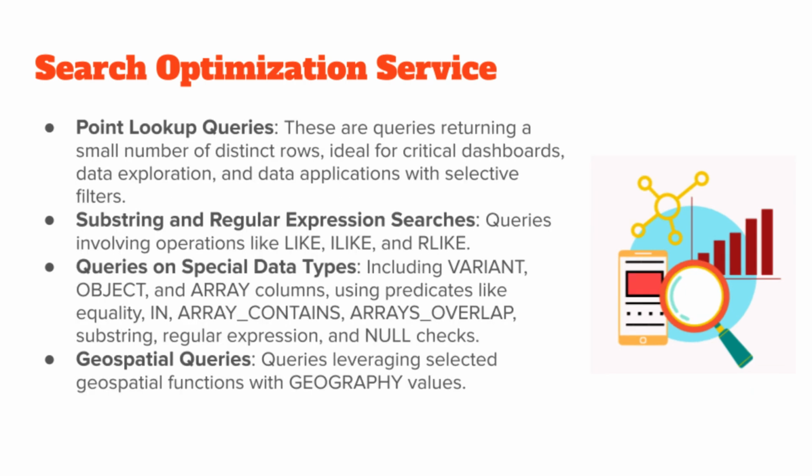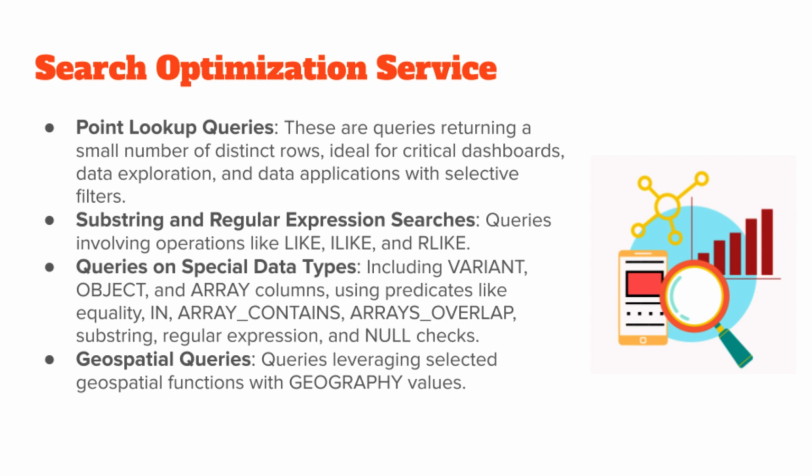The search optimization service in Snowflake is designed to significantly enhance the performance of specific query types, including point lookup queries. These are queries returning a small number of distinct rows, ideal for critical dashboards, data exploration, and data applications with selective filters. Substring and regular expression searches, queries involving operations like LIKE, ILIKE, and RLIKE.